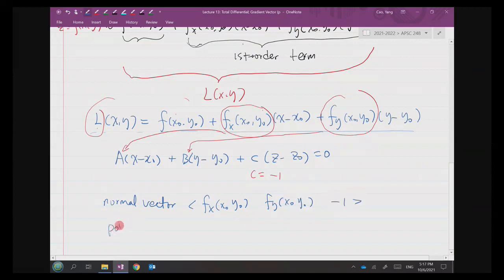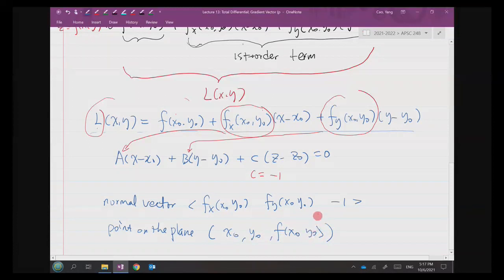A point on the plane is x naught, y naught, f of x naught, y naught. And that's what we want: we want the plane to pass through this point and be tangent to the surface.